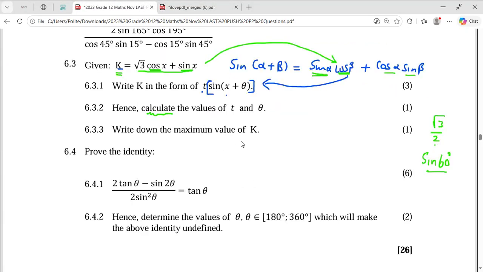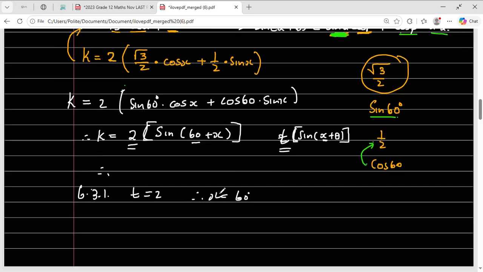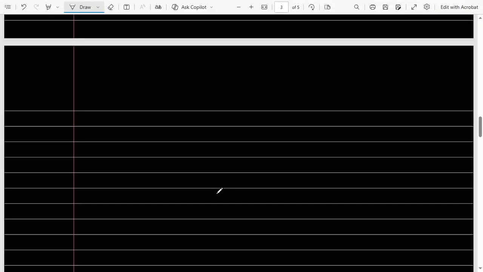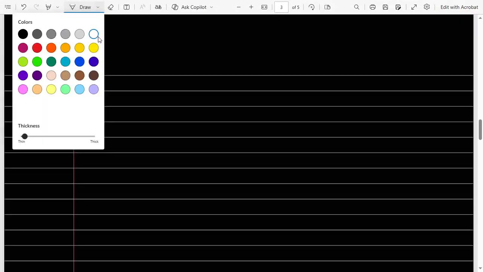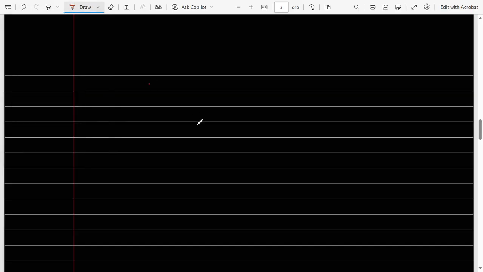Write down the maximum value of k. Okay. The maximum value of k, guys, look at this. When they want you to write down the maximum value of k, when we look at this carefully, you know what I'm going to do. I have 2 the sine of x plus 60, right?